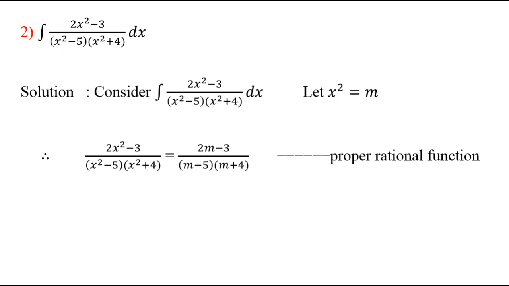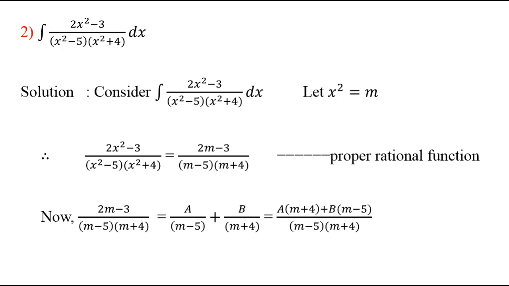For simplification we just write x square is equal to m. So our problem will change into 2m minus 3 upon m minus 5 into m plus 4. This fraction, let this be equal to a upon m minus 5 plus b upon m plus 4.